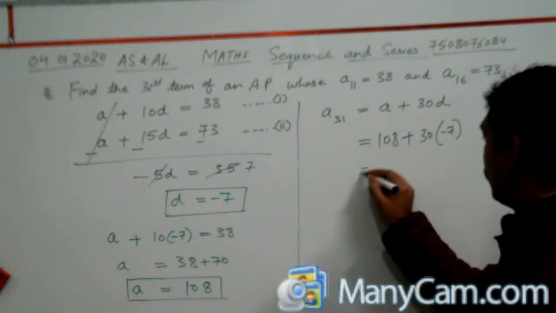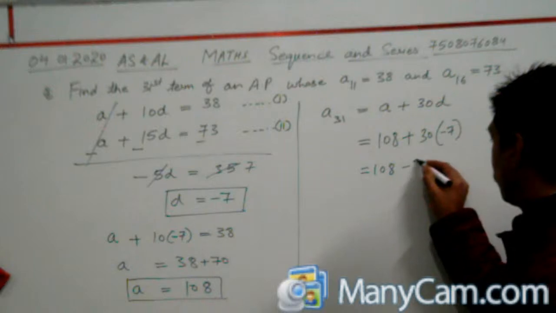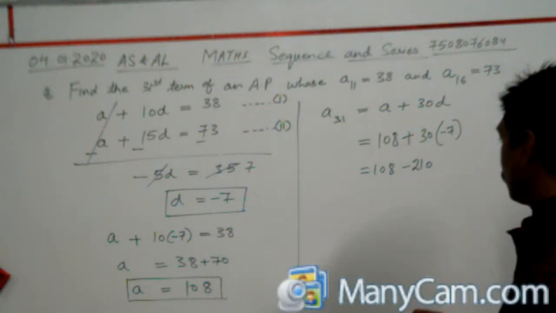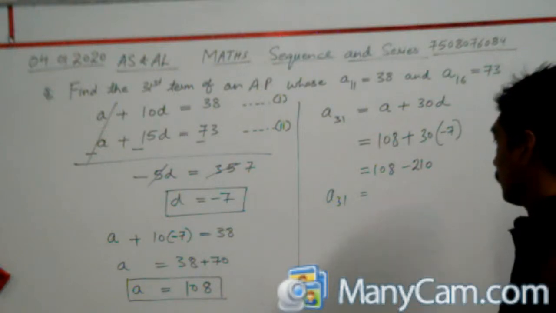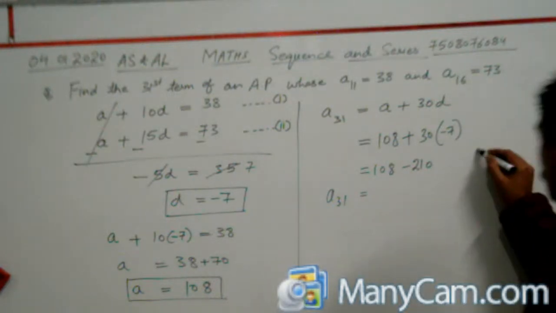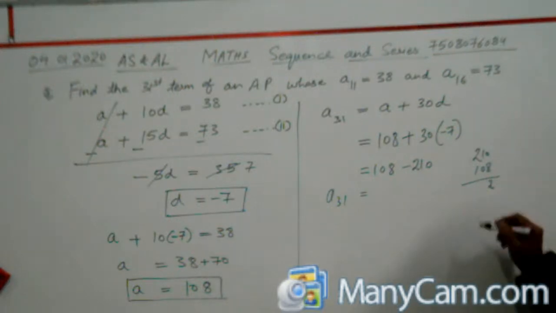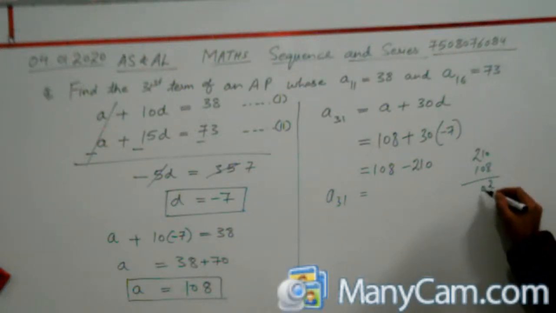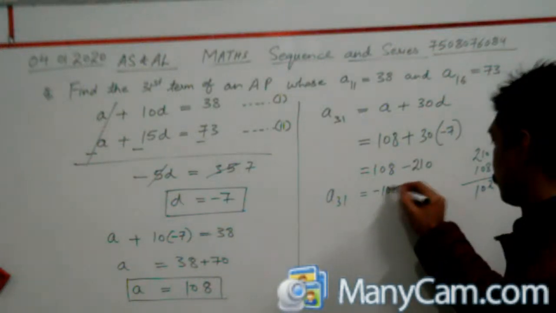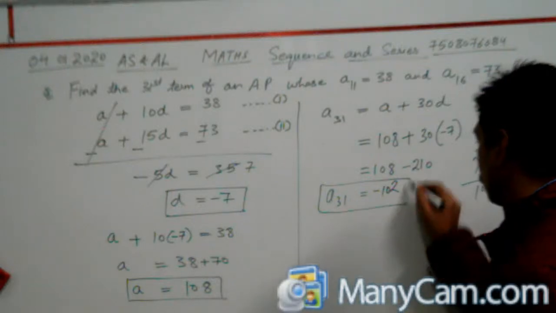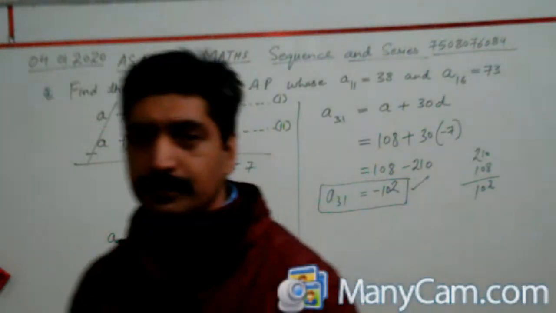So here we have 108 minus 210, so the 31st term is minus 102. Right? So this is about the question here.